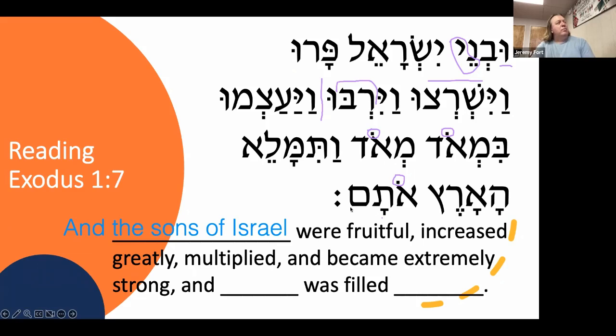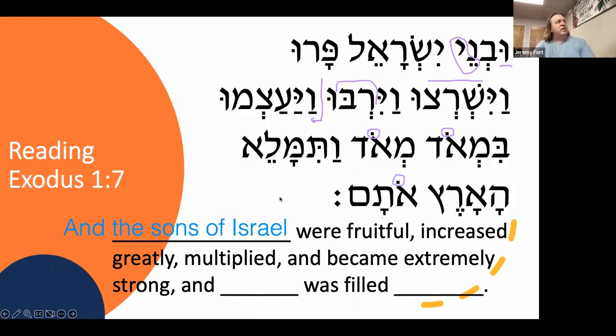Haaretz. Otam. Okay. So from this point forward here, let's identify things that we know. So we've got some conjunctions here, right? I think we all know those. But anything else that you see? Oat was the vocabulary word, but I can't remember. Oat was in a different form and it means sign.